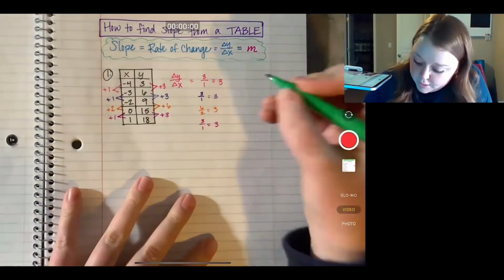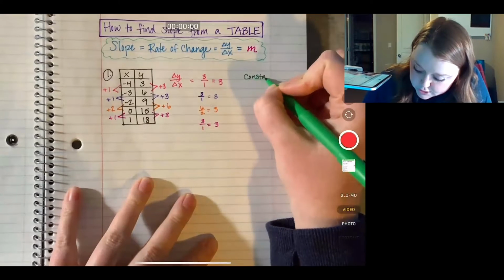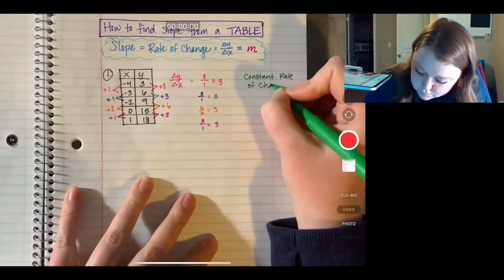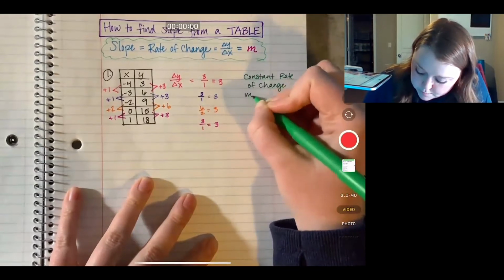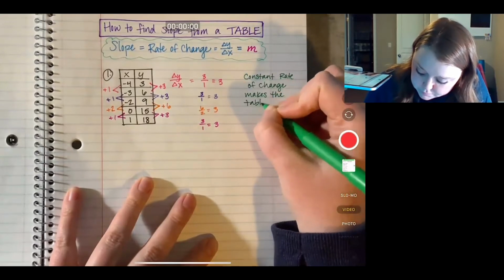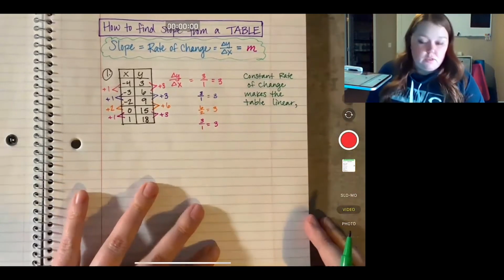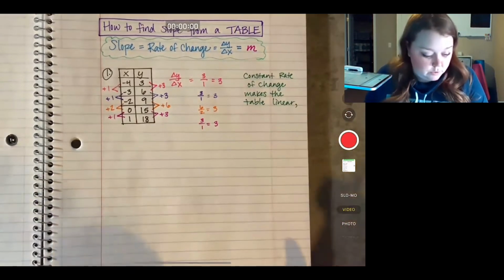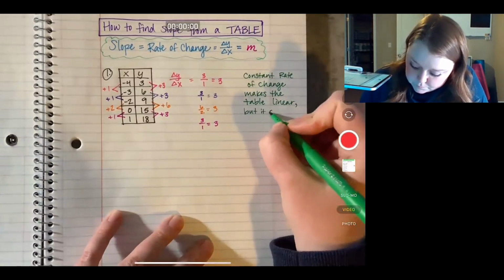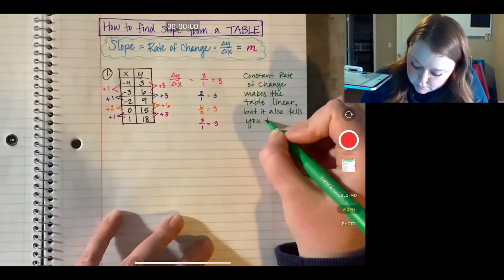And we're going to say this: a constant rate of change makes the table linear, comma, but it also tells you the slope.